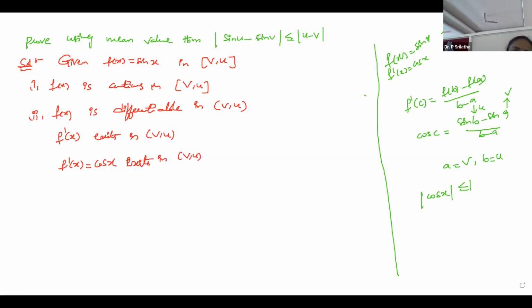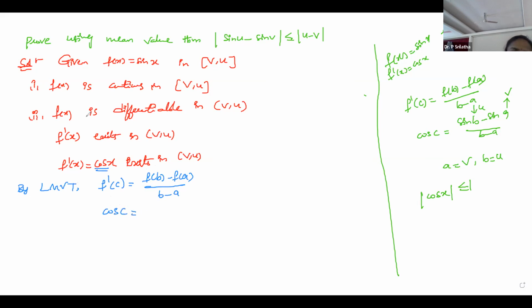So by Lagrange's mean value theorem, what is the formula? The formula is f dash of c equals f of b minus f of a divided by b minus a. f dash of x is nothing but cos x, so f dash of c is cos c.